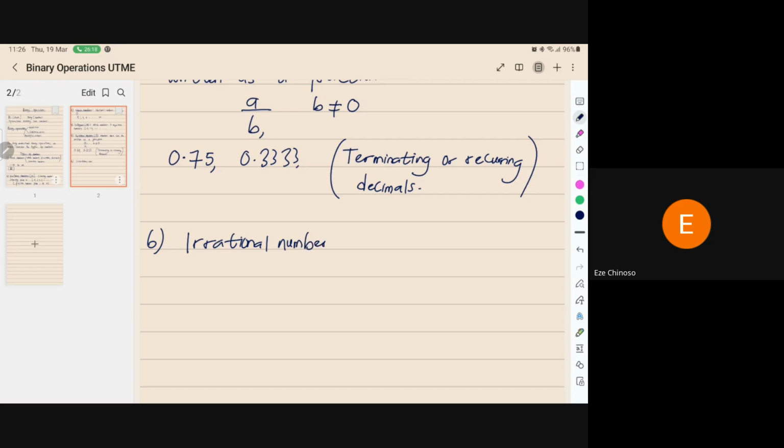Now, what do we mean by irrational numbers? Something like the square root of 2, those ones will not be solved. These are the ones you cannot write as fractions.